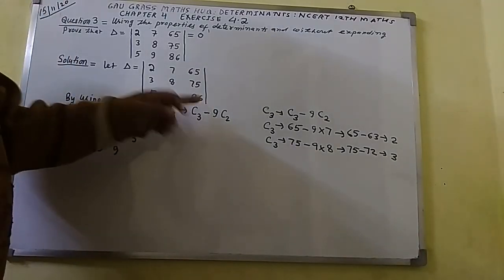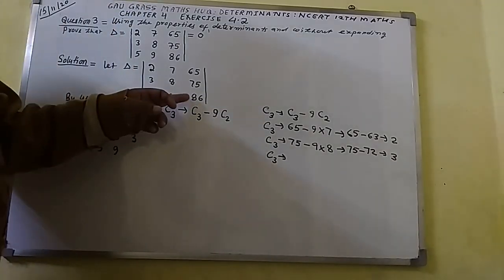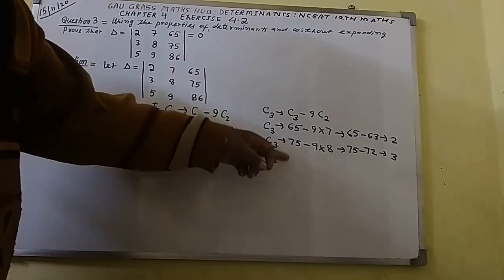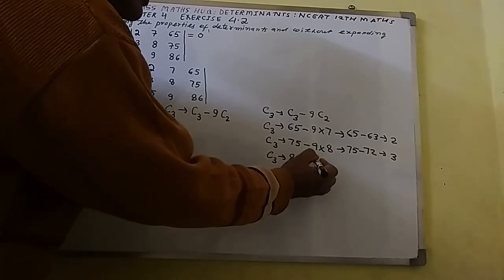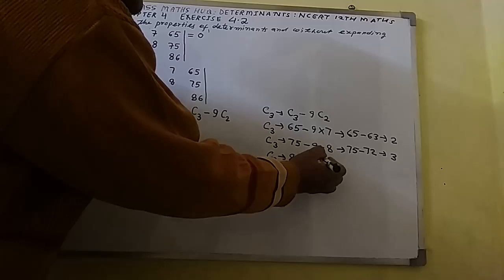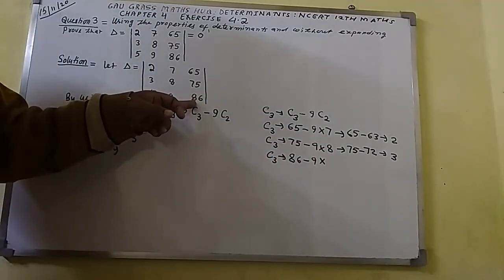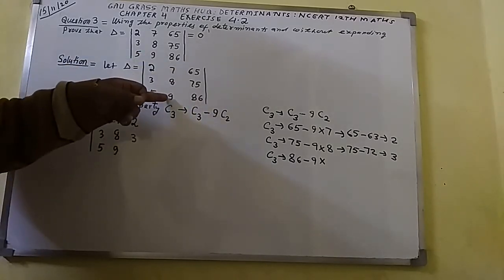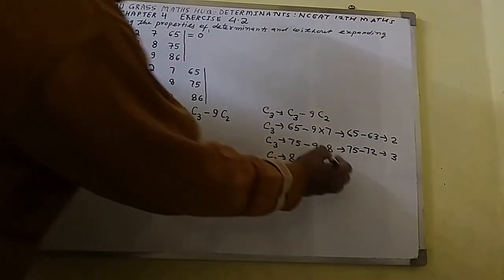Now for this element, if I take C3 as 86, in place of C3 I shall write 86, minus 9 into the corresponding element of 86 in the second column, which is 9.